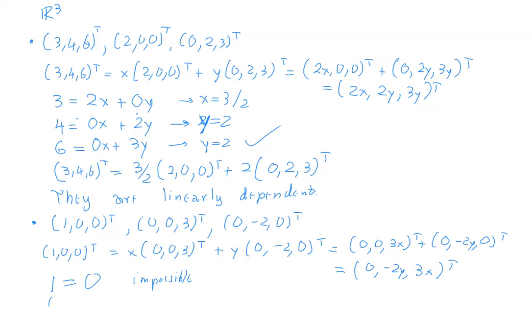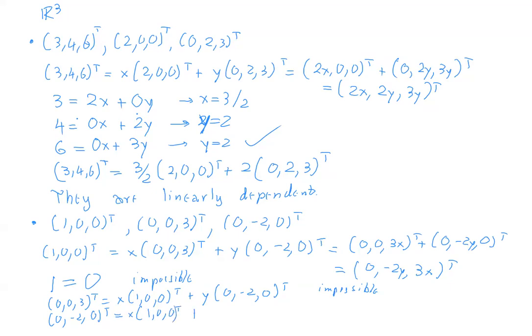So I have to try if 0, 0, 3 now is a linear combination of the first one and the last one. And guess what? I will find the same thing here. I will find that it's impossible for the same reason. And then I should try whether 0, negative 2, 0 is a linear combination of the first one and the second one.